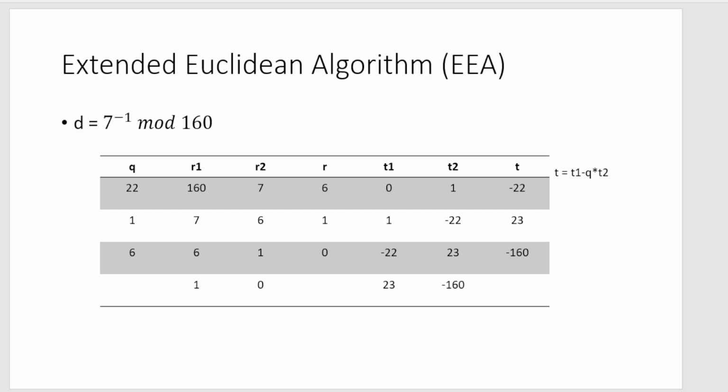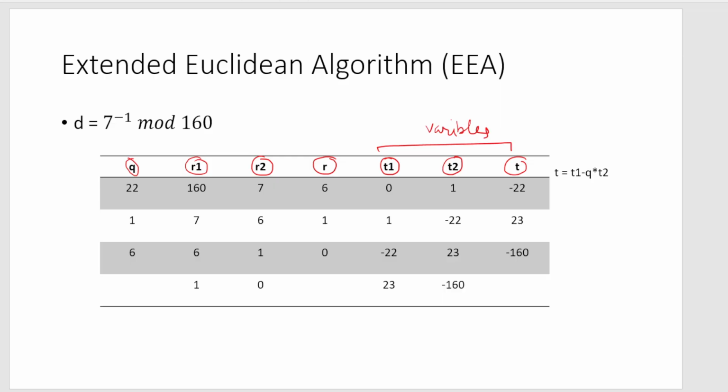The extended Euclidean algorithm, or EEA, has a form like this. It has a column called Q, which is the quotient. It has two values, R1 and R2, which are the remainders. T1 and T2 are the static variables that you need to take care of, and T is another variable. These are three sets of variables.